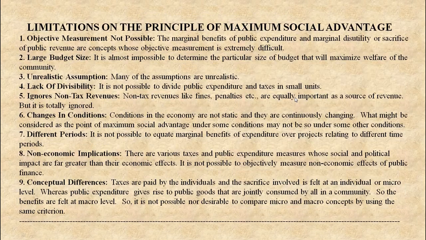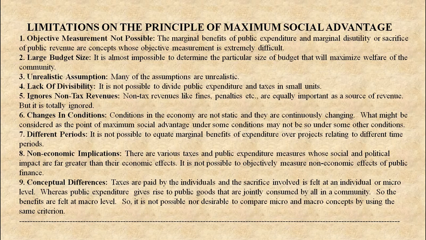Now the last point of this topic is the limitations of the principle of maximum social advantage. The theory is criticized on various grounds. Number one, objective measurement is not possible.